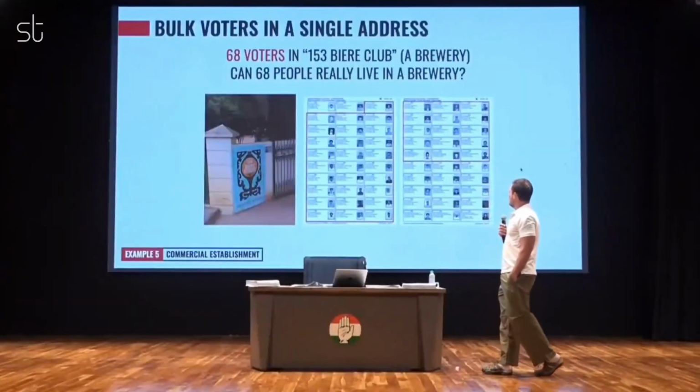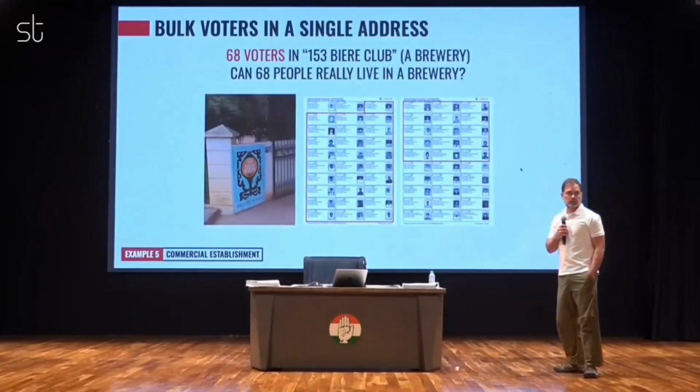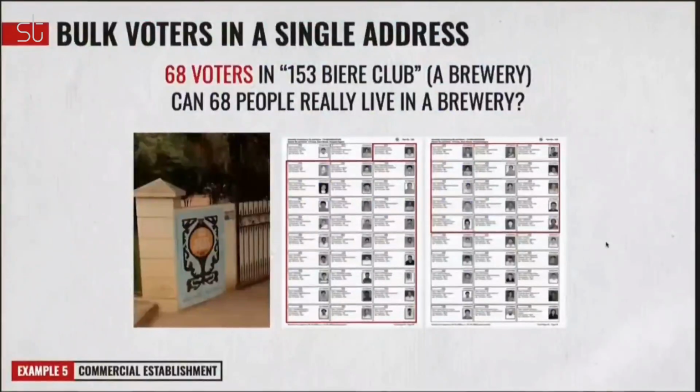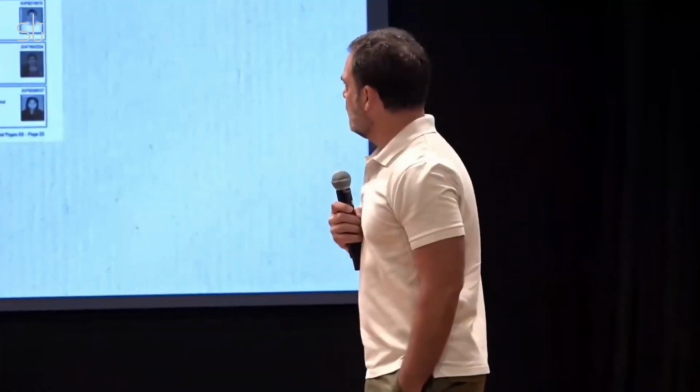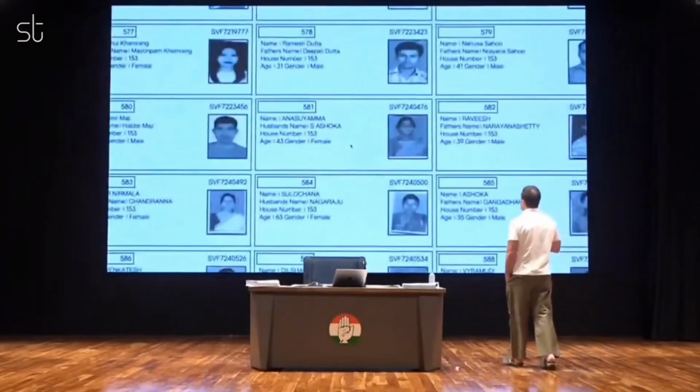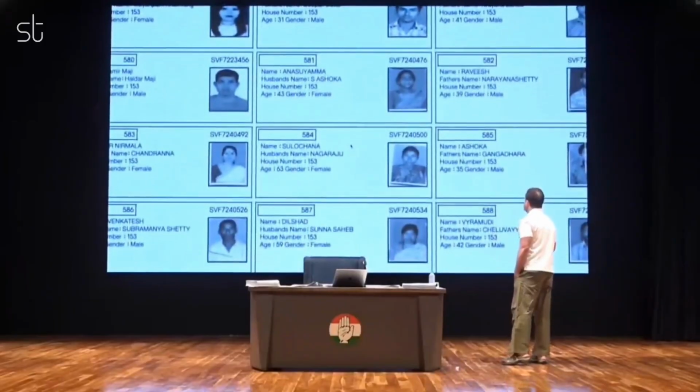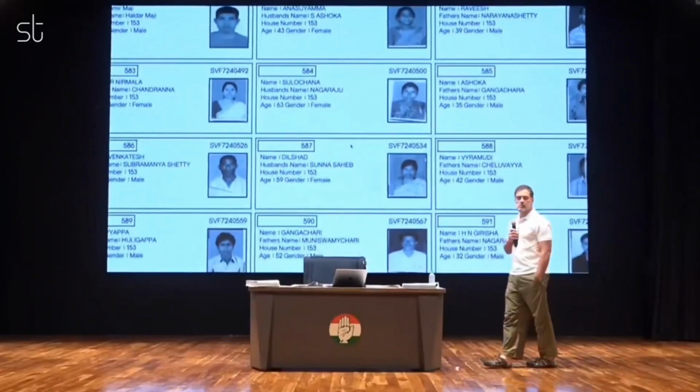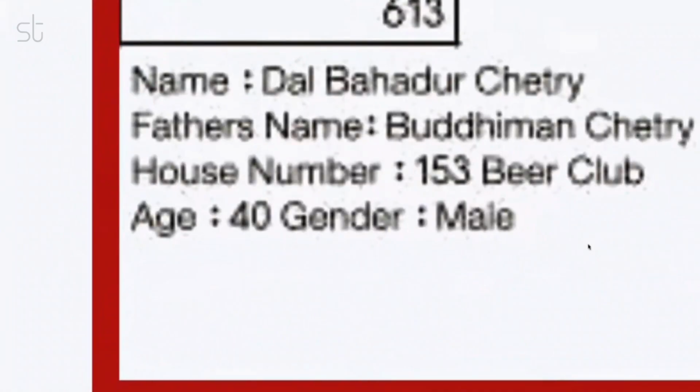Here is 68 voters in a brewery, commercial establishment. Nobody lives there. Right? And when we go and ask them, where are these people? Who are these people? Nothing. We don't know. Never heard of them. Zoom in. And that's fake and invalid addresses.